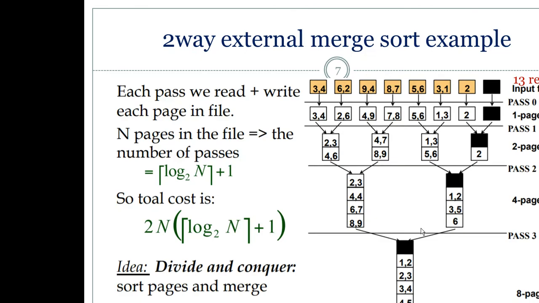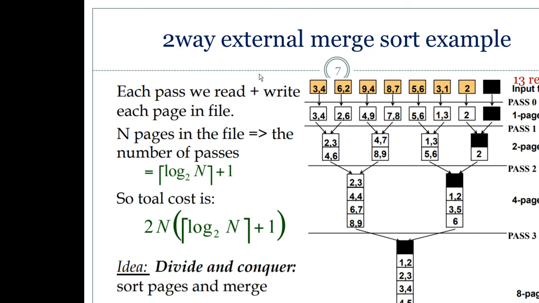Okay, we'll see one more example for this. Consider this example. There are 13 records in an input file and a page size or buffer size capable of holding 2 records only. A very simple example. Total 13 records, and a page size or buffer size capable of storing only 2 records.